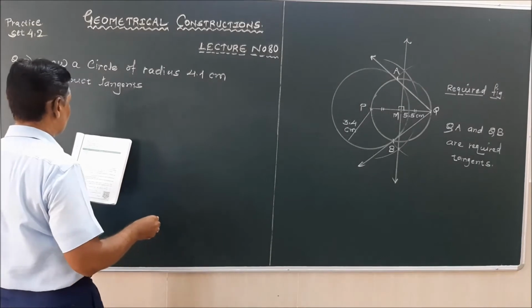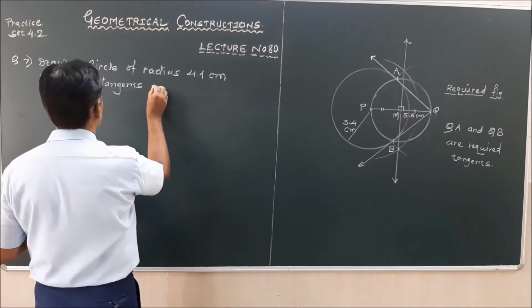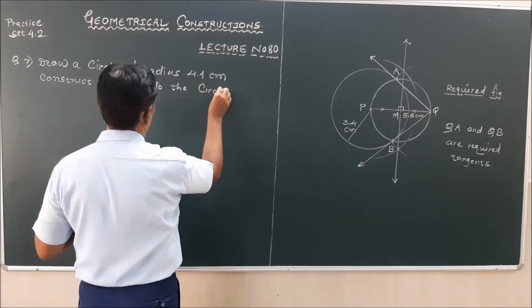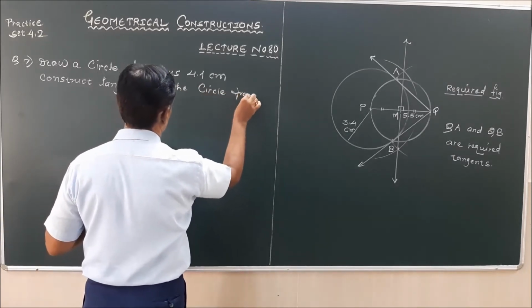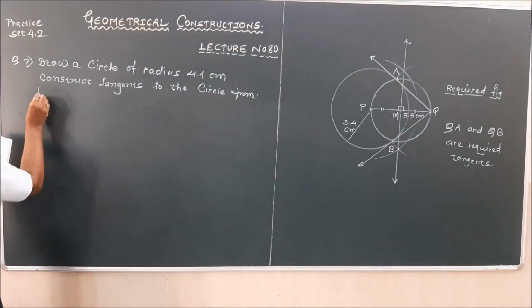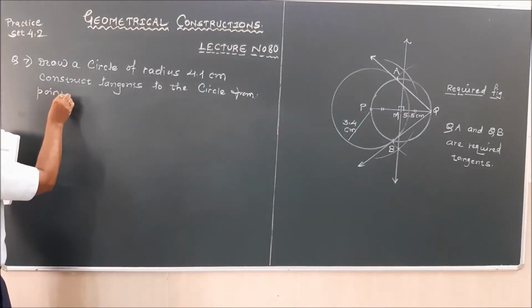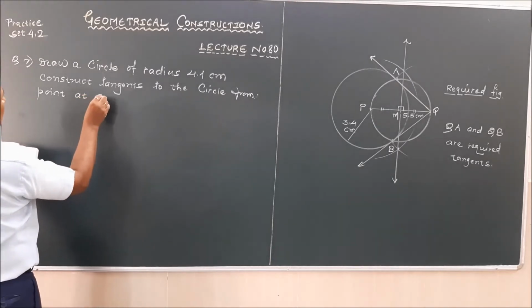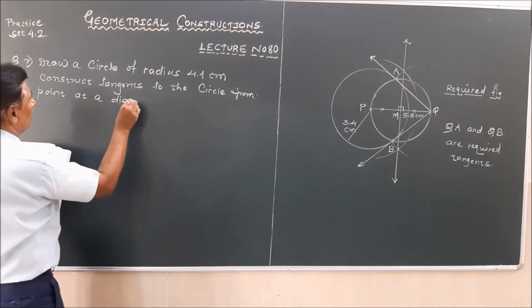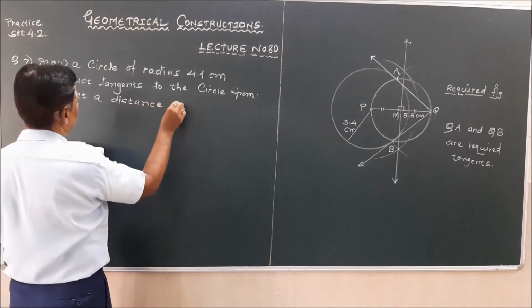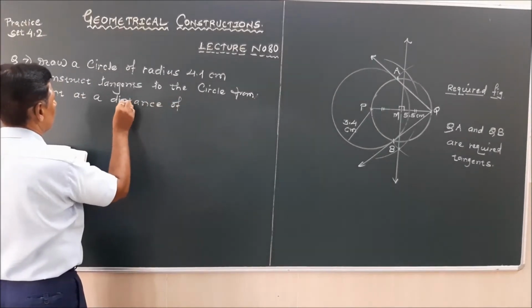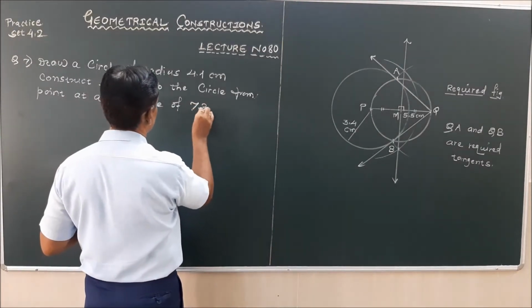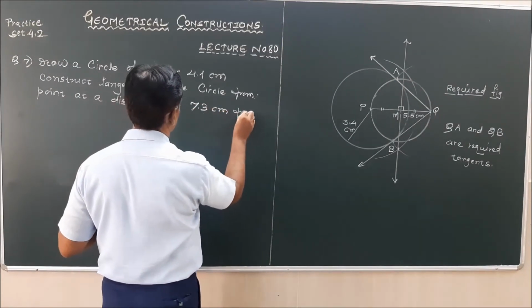Construct tangents to the circle from a point at a distance of 7.3 centimeter from the center.